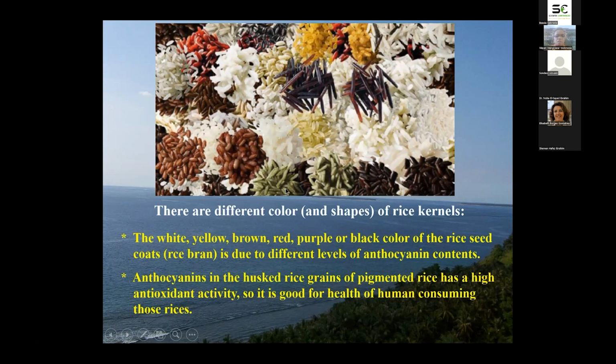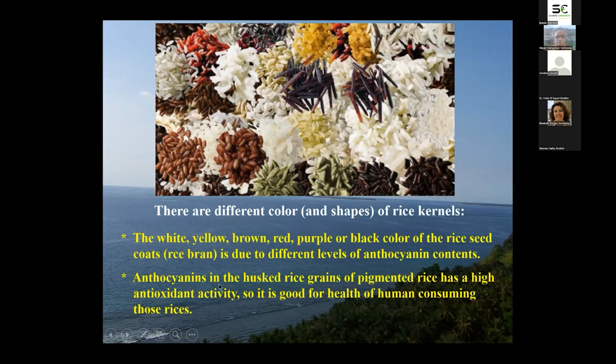It depends on the intensity of the anthocyanin content, this color. So white, yellow, brown, red, purple, or black color of the rice seed coat or rice bran.